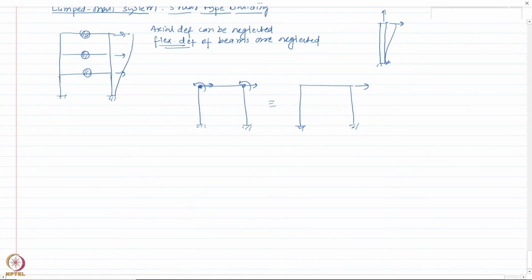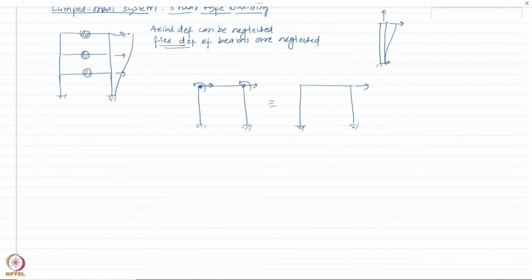Now the question is, we are going to learn about multi-degree of freedom systems later, finding out the exact deflected shape and doing all sorts of analysis. However, my question is, is there a way in which I can analyze this multi-degree of freedom system using methods of a single degree of freedom system?